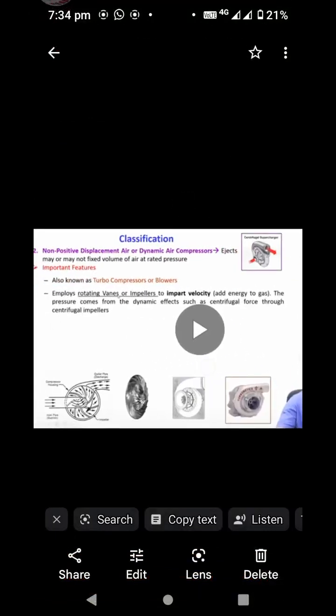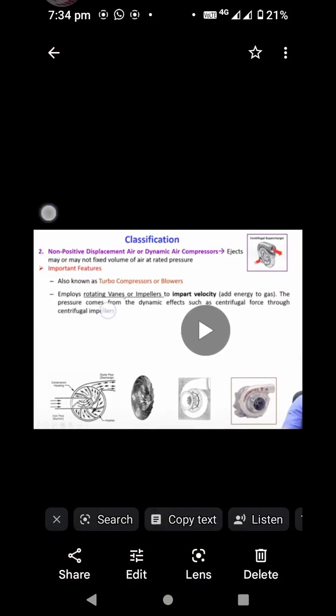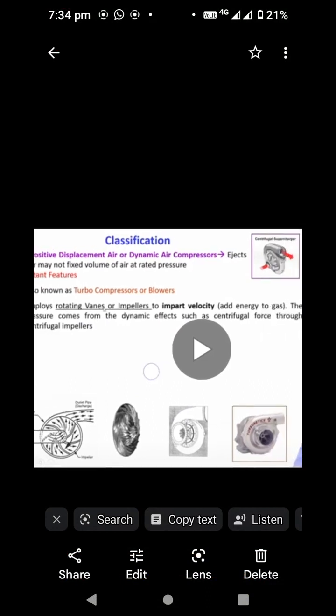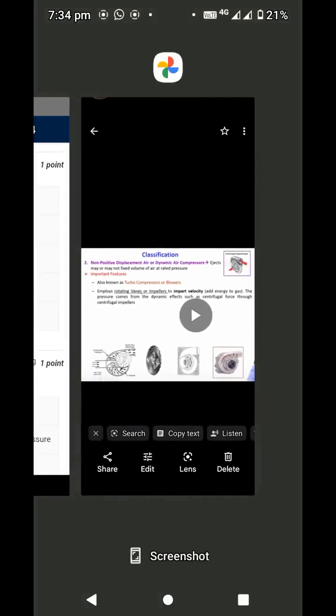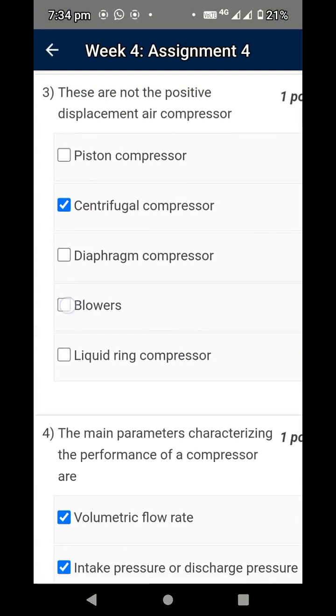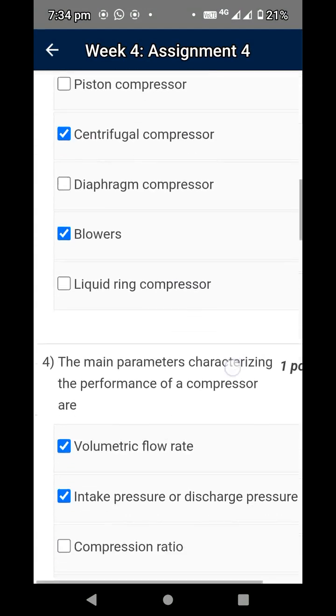Check out this option: a non-positive displacement air compressor ejects may or may not a fixed volume of air at rated pressure. It is also known as turbo compressors or blowers. So non-positive displacement compressors are called blowers. Clear? So blowers are non-positive displacement air compressors, so this option is also correct. The question is which one is the non-positive type? So centrifugal and blower both are correct.